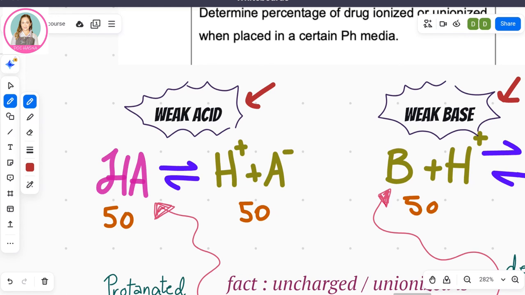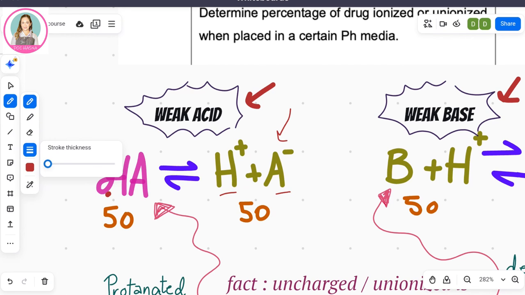Now, coming to weak acids and weak bases. Weak acid means, let's talk about the equation. This is, suppose, a weak acid, HA. We all know that an acid has a proton, right? So HA is a weak acid. It dissociates into its H positive form and A negative form. What I was trying to tell you is that a strong acid normally remains in the dissociated form, right?